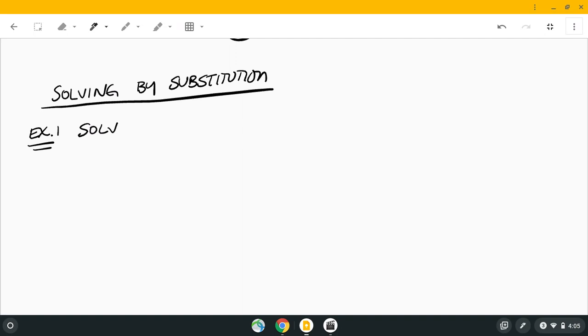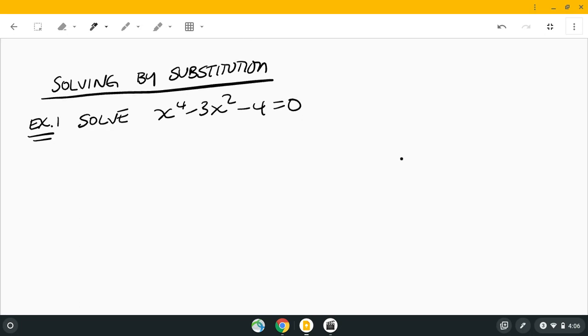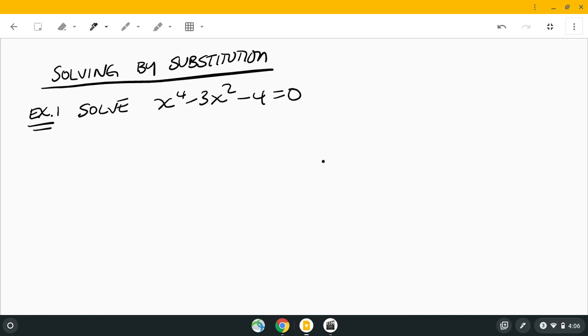Let's suppose that we are trying to solve x to the 4th minus 3x squared minus 4 equals 0. We already looked at how to solve these by factoring in early chapters. So we're going to look at how to use a substitution instead. Clearly this is quadratic in form, right?